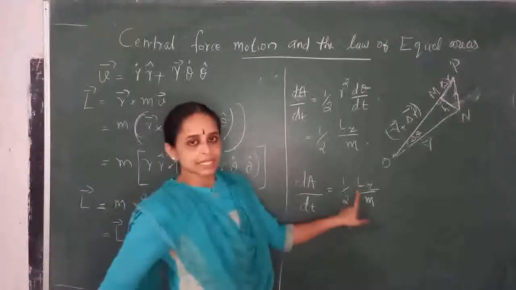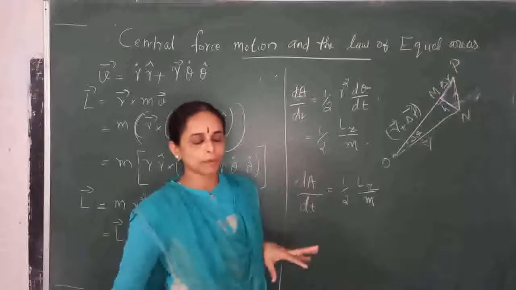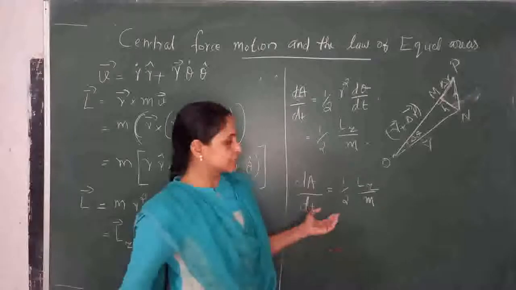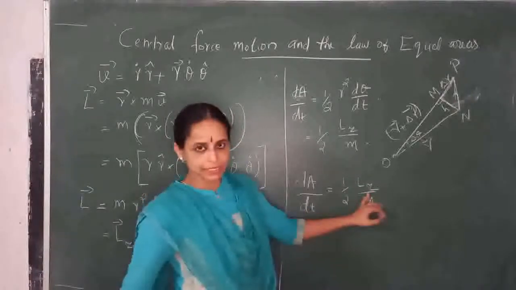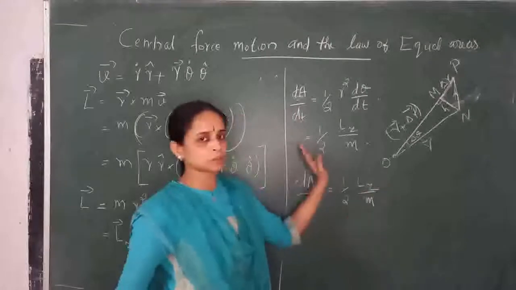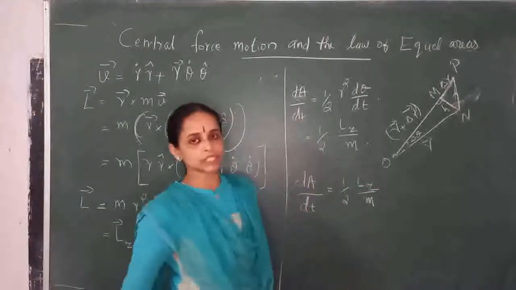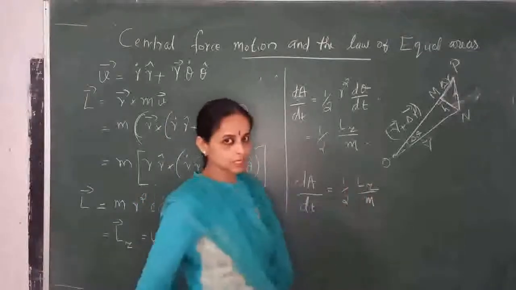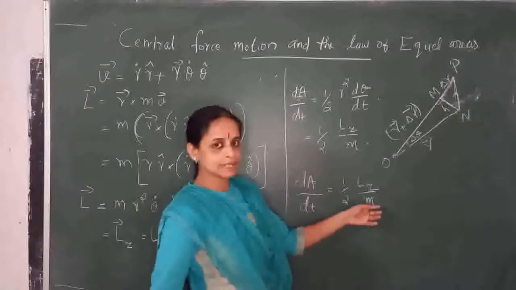What is Lz? We have proved that in central force problems, the angular momentum is a constant in both magnitude and direction. We already proved that in the first part. So this Lz will be a constant here. The m is the mass of the particle, which again is a constant.